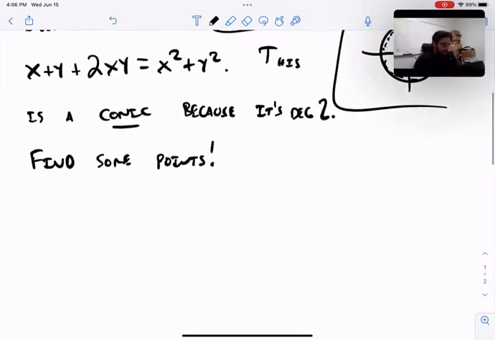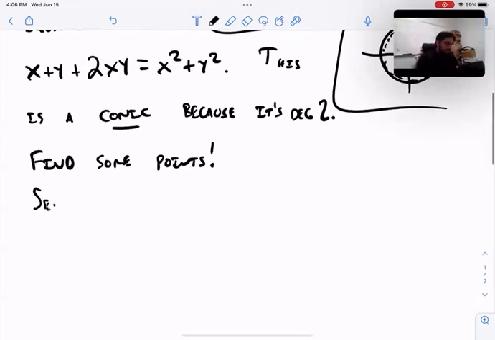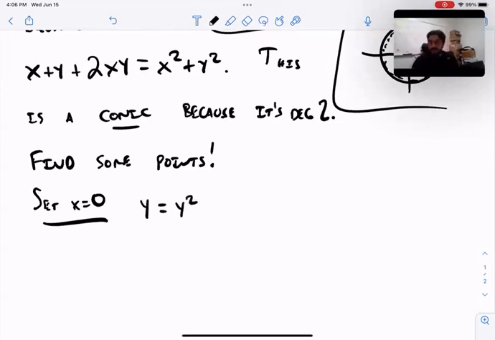So for example, if I set x equal to 0, what would I get? I would get y equals y squared, right? That's what I get if I set x equal to 0. All the x terms go away. And what does this mean? If y equals y squared, then I have that y minus y squared equals 0.